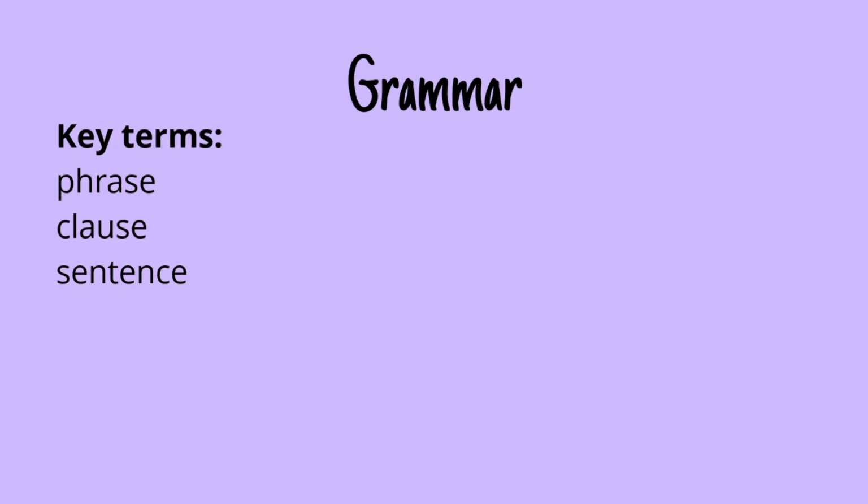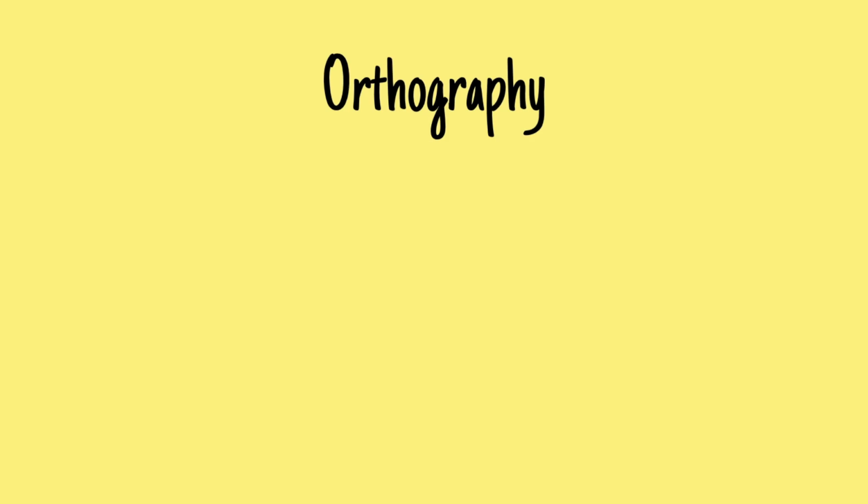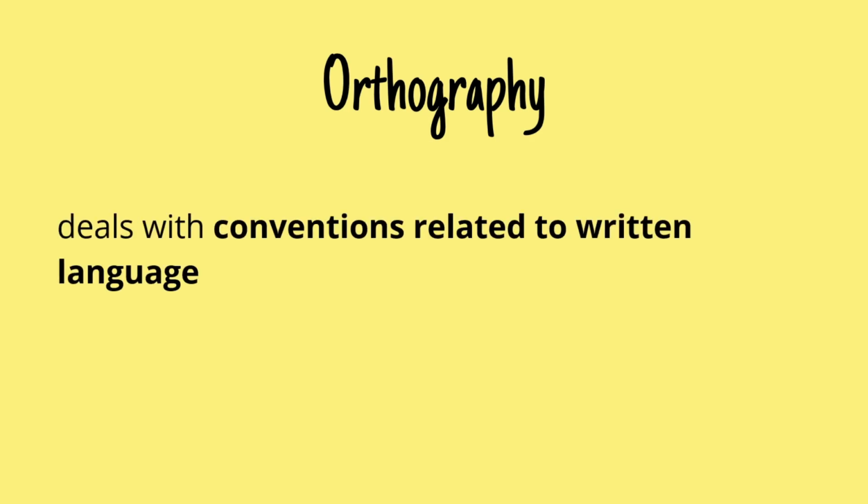Grammar studies different sentence types as well as sentence complexity. It also studies individual words, but it's not concerned with the meaning of words, but their grammatical properties. It also studies word order, which is the way words are ordered in clauses and sentences. The next language framework, orthography, deals with the conventions of written language.